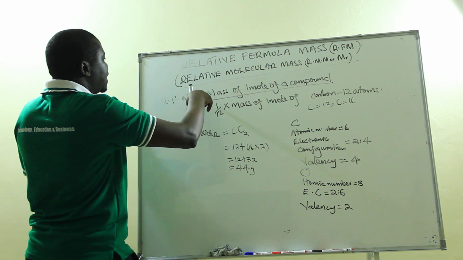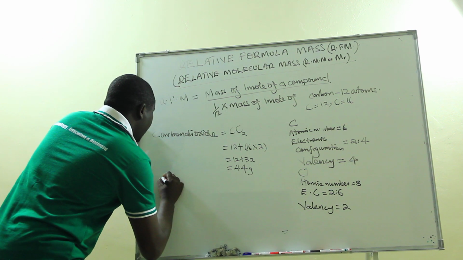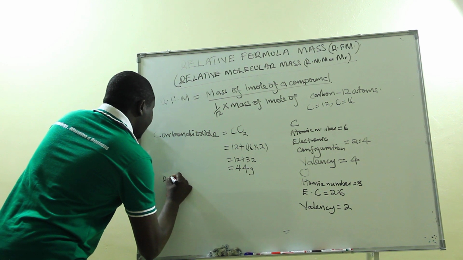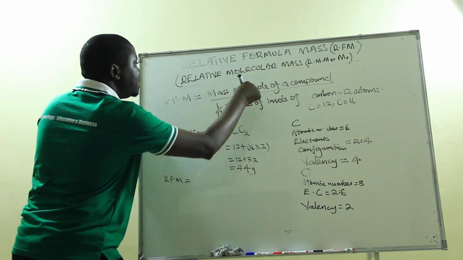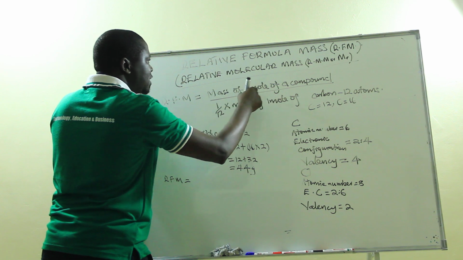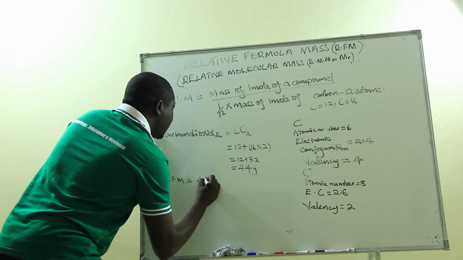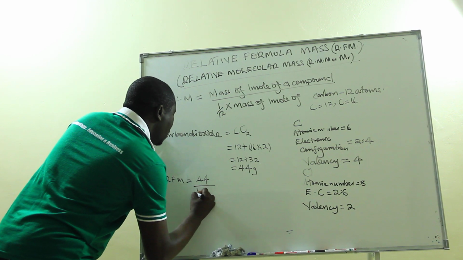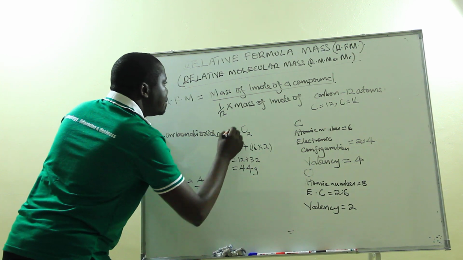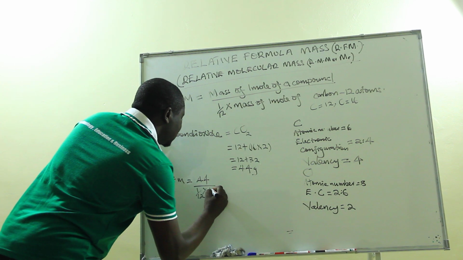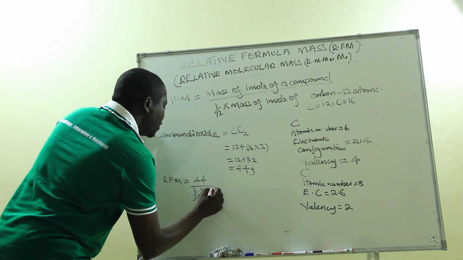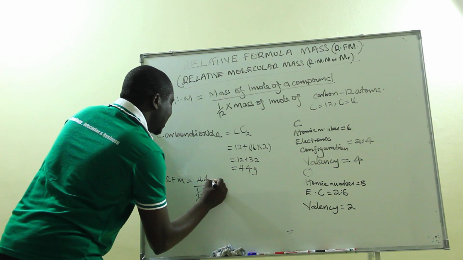Now let us look at the relative formula mass of carbon dioxide. We shall get it from this very expression that it is the mass of 1 mole of a compound, in this case it is 44. We divide it by 1/12 of the mass of 1 mole of carbon atoms, which is 12. So this 12 will go with this 12. Remember here there is grams, here there is grams.